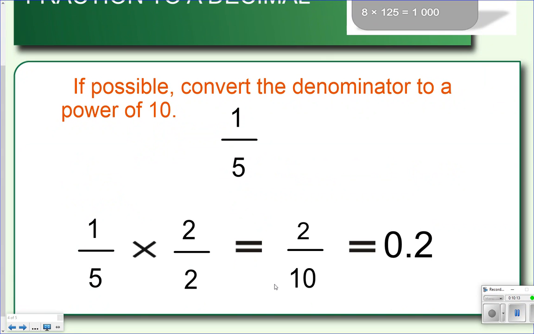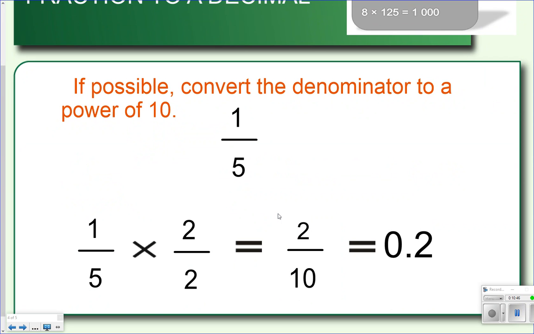But do you remember, while studying equal fractions together, we said that if we multiply the denominator by any digit, I must multiply the numerator also by the same digit. So here I multiplied 5 by 2, I must multiply 1 also by 2. The denominator would be 5 multiplied by 2 equals 10, and the numerator is 1 multiplied by 2 equals 2. So 1 over 5 is the same as 2 over 10.